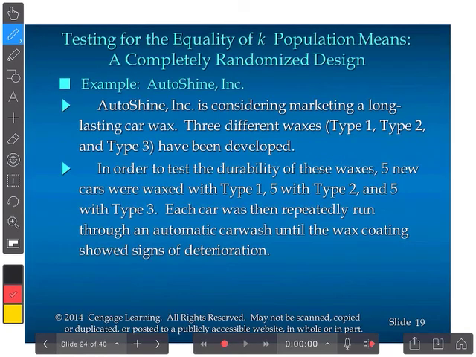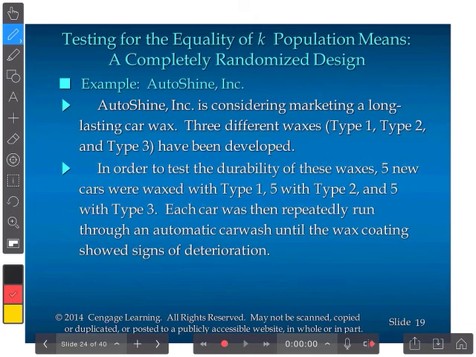Those first 3 steps are very important. Here's an example. Let's go over that very quickly. We have to keep in mind the formulas that we have. Autoshine Inc. is considering marketing a long-lasting car wax. There are 3 different waxes, type 1, type 2, type 3. You see, these are the factor levels.